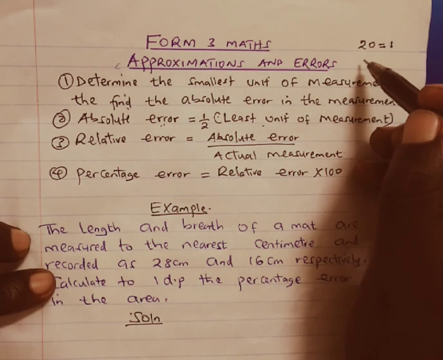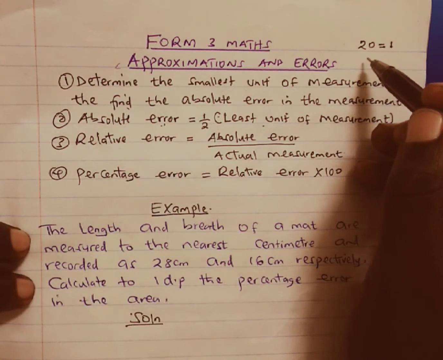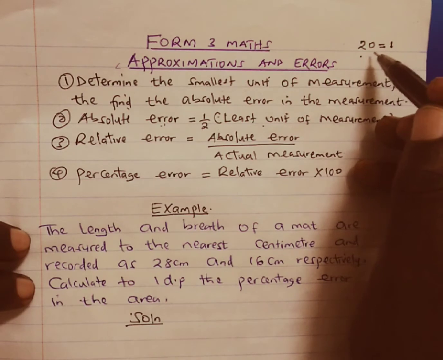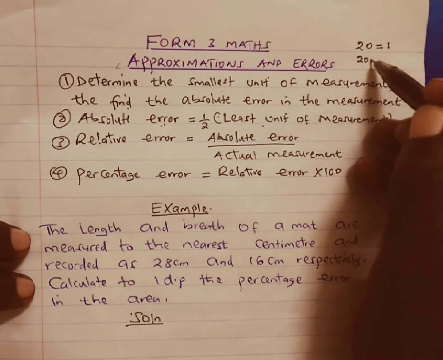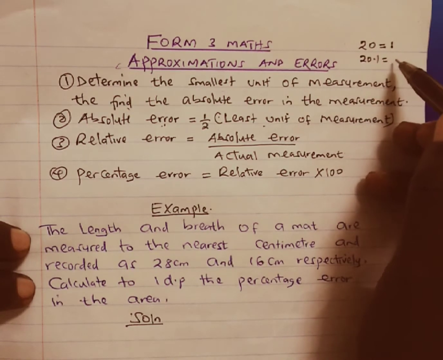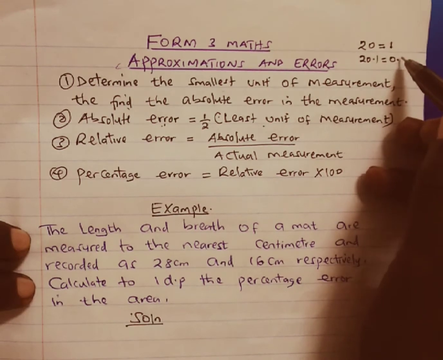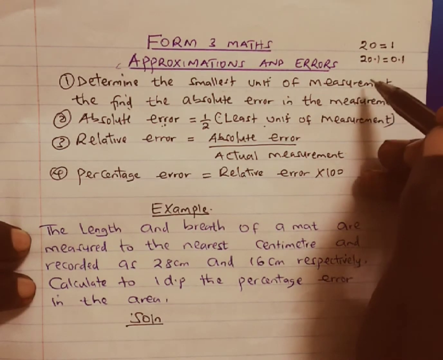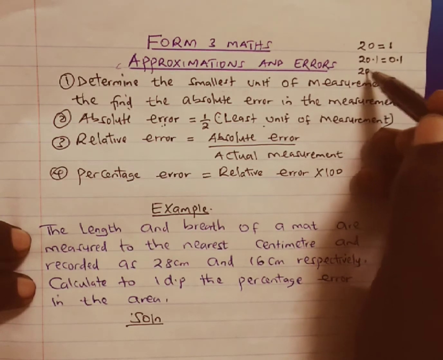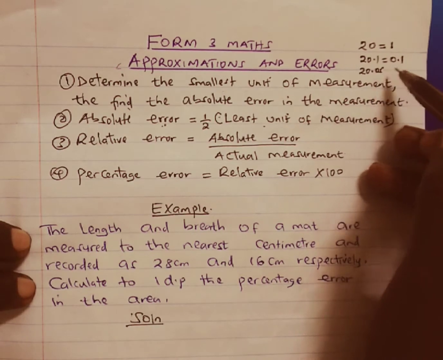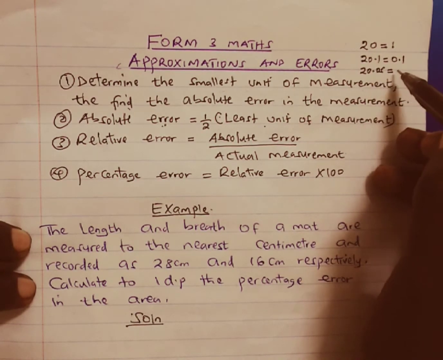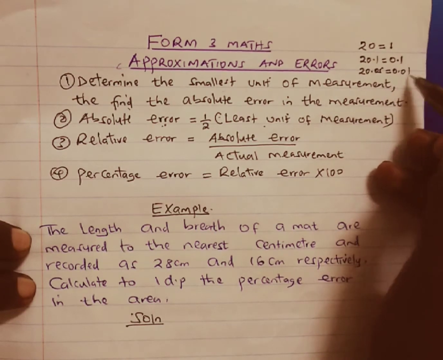And if, for example, a measurement is recorded correct to one decimal place, for example we have 20.1, then the least unit of measurement is going to be 0.1. If it is given correct to two decimal places, for example we have 20.05, then the smallest unit of measurement is going to be 0.01.